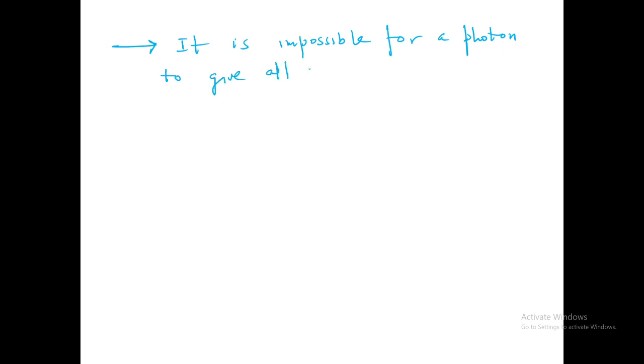but one thing I would like to tell all of you, that it is impossible for a photon to give all its energy to a free electron.